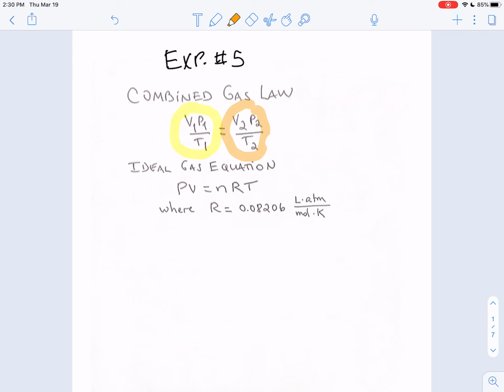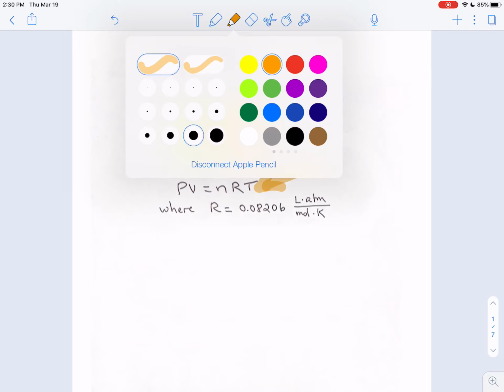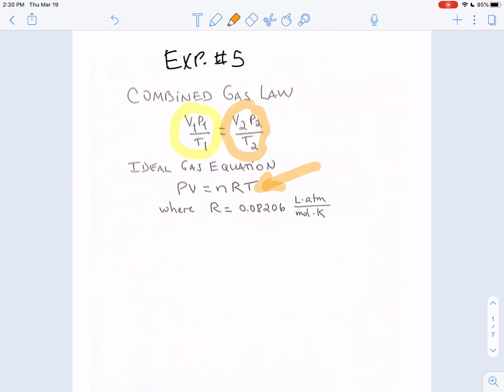We said that we can also collect all of these in the form of what we call the ideal gas equation, PV equals nRT, and you will remember that in this equation, P is the pressure, V is the volume, n is the number of moles, T is the temperature, and don't forget that when we are working with gases, we have to use the absolute scale of temperature.